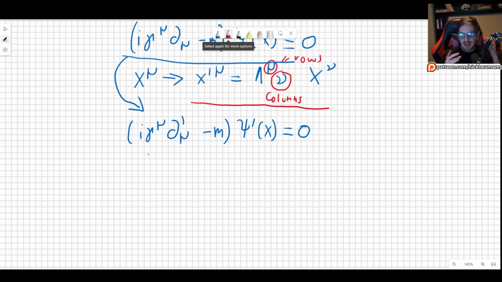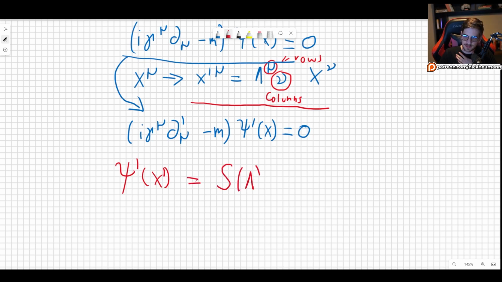So, well, how can we check for covariance? Now, first, let's begin by defining exactly how we are transforming our spinor, because we already know how the 4-vector transforms. Well, how does the spinor transform? So let's just say that psi'(x') will be some matrix S(Lambda), that is of course going to be 4 by 4 because our spinor has 4 elements, so it has to be a 4 by 4 matrix.